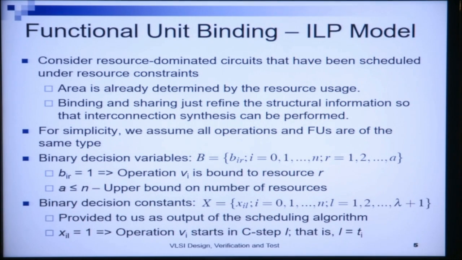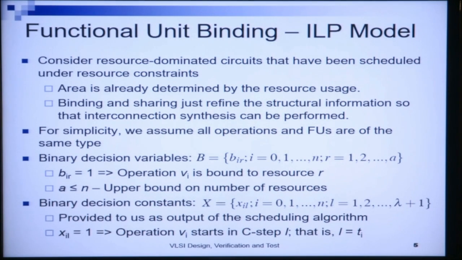Let us say a is a bound on the number of resources, and i are the operations in my operation constraints graph. Now, b_ir equals 1 implies that operation vi in my operation constraint graph is bound to resource instance r. Now, a less than n is an upper bound on the number of resources.